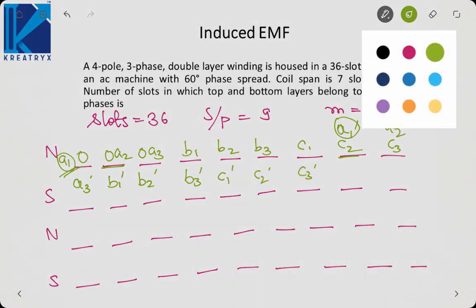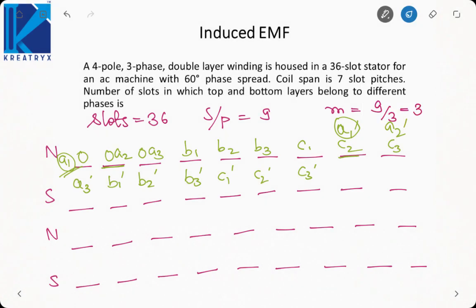Now similarly, under the south pole we will have other phases like A4, A5, A6, B4, B5, B6, and then C4, C5, C6.